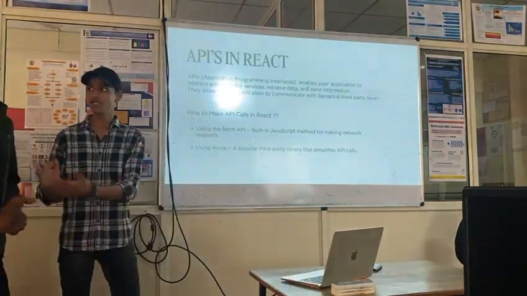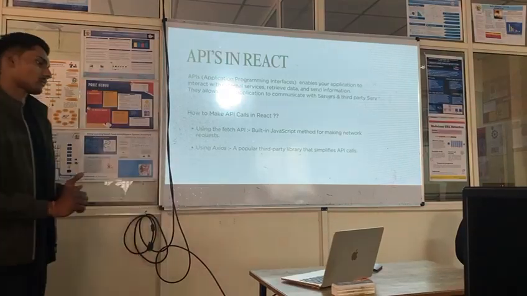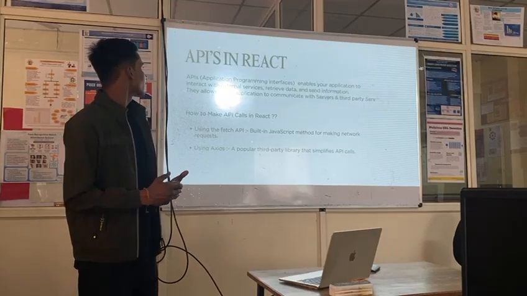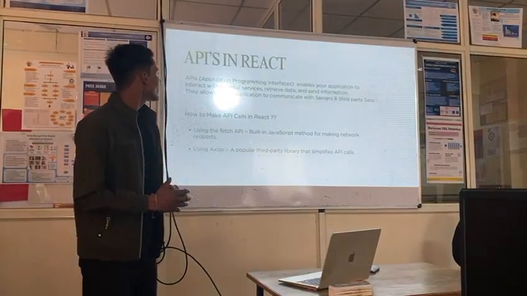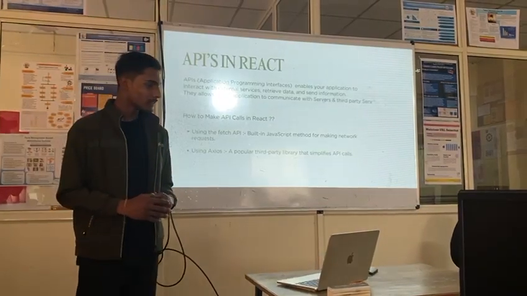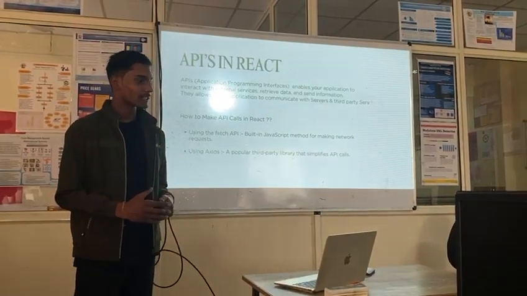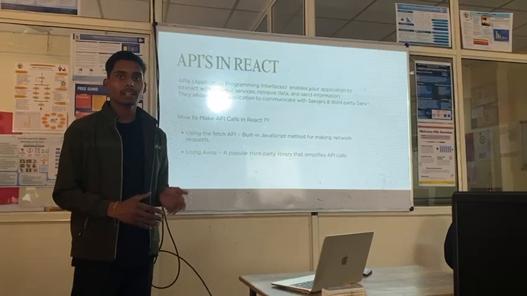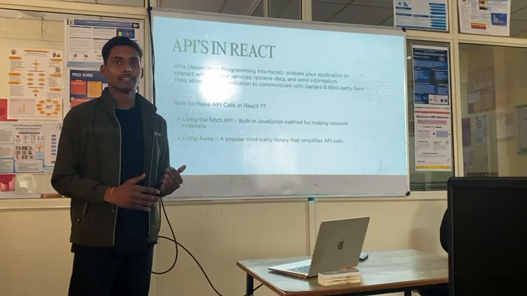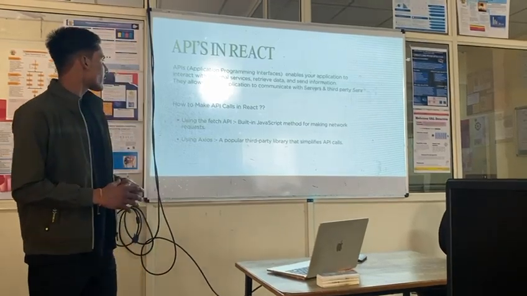So here I will ask Anand to move forward. In our project, we use many APIs. What is an API? API is an application programming interface, which enables your application to interact with external services, retrieve data, send requests and give responses to the clients. How to make API calls in React?